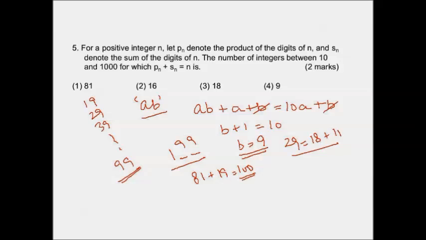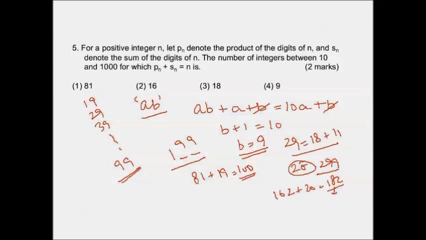So that means this number can never be equal to product plus sum, because if the number is lesser than 199, the product of the digits would be less than 81, sum of the digit would be less than 19, and they can never add up to a 3-digit number. Similarly, if the number is 200 and something, let's say the number is 299, the product of the digits is 162, sum of the digits is 20, it does not even go into the series of 200. Similarly, if I talk for 300, this will keep on decreasing.